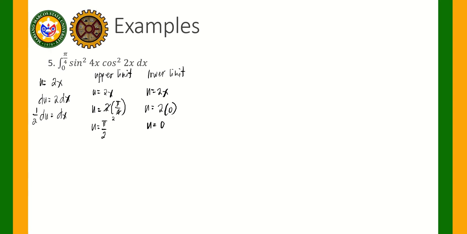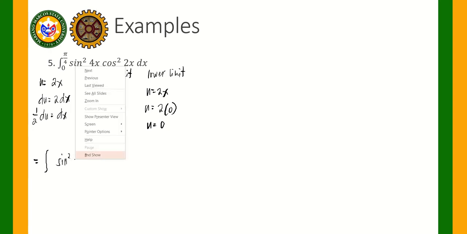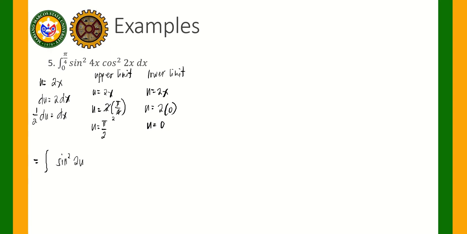So, we can now proceed in rewriting our equation and then proceeding to integration using Wallis formula. So, this will be equal to the integral of sine squared 2u. Okay? 2u siya kasi 2x lang yung u natin.